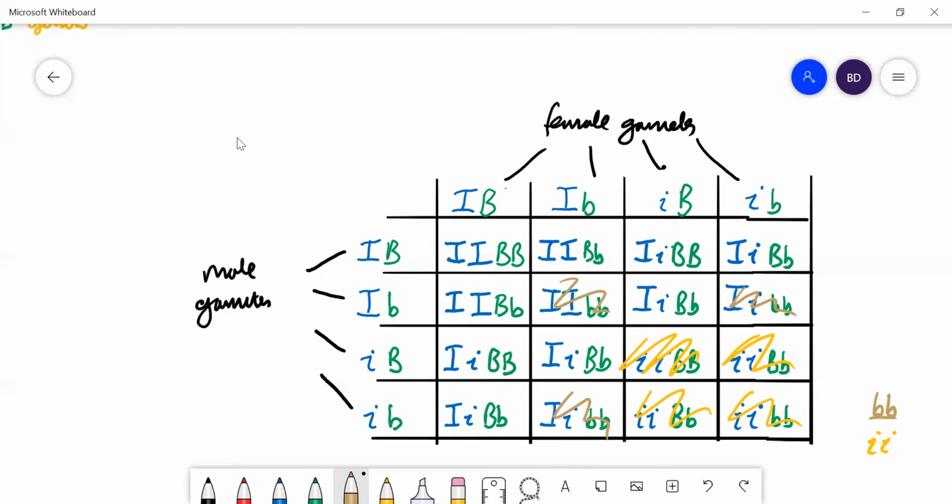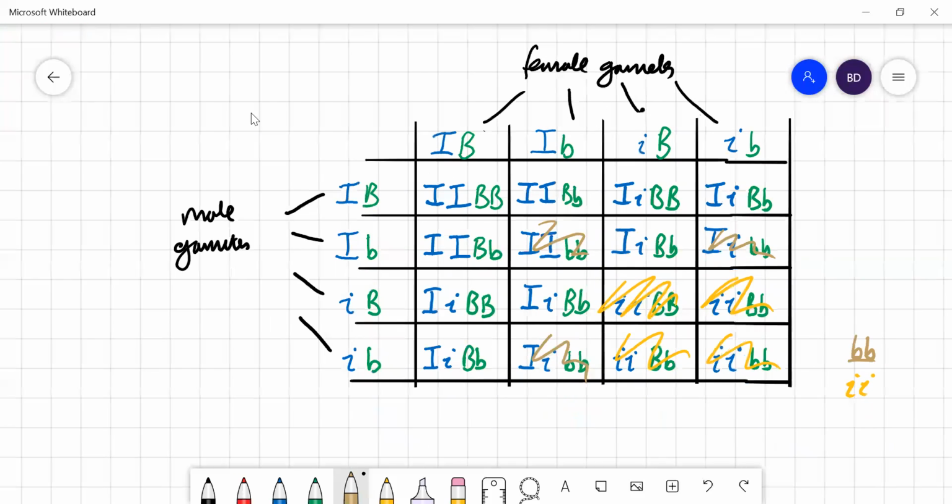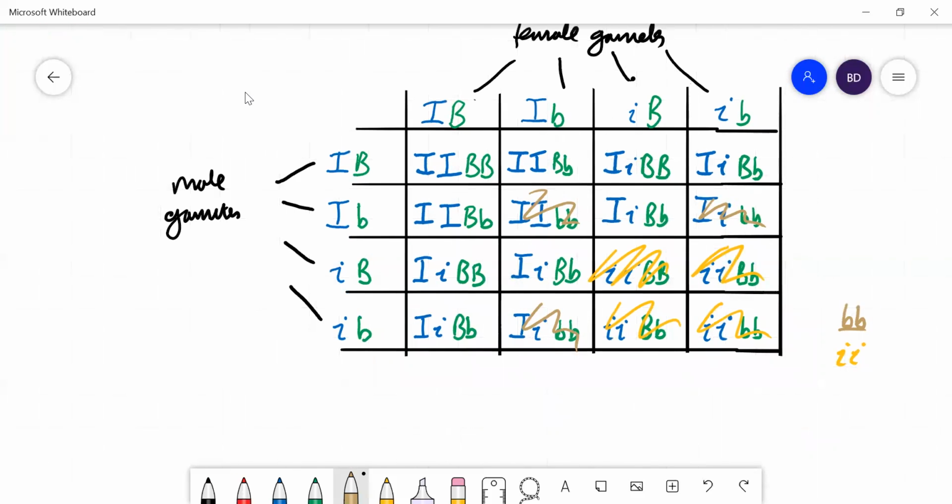So what is the ratio we're going to get then? Well, we've got 4 yellow, we've got 3 brown, and we have got 9 black.